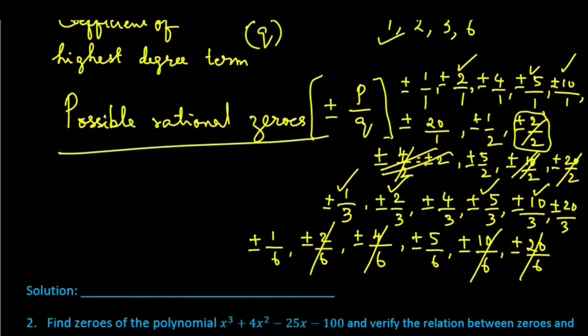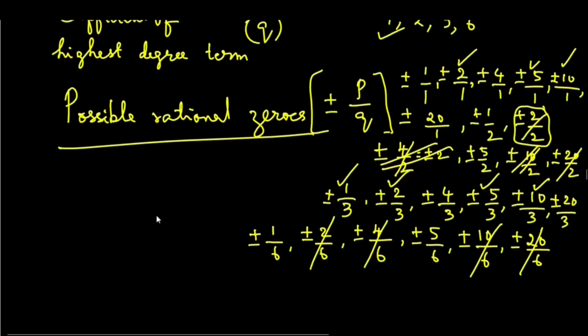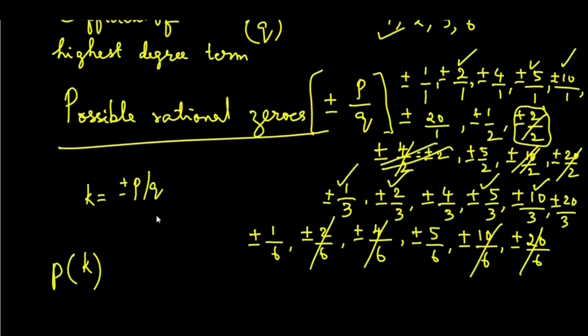These are only possible rational zeros. We cannot say that these are the zeros. Now we can check P of k, taking the values of k as plus or minus p by q.